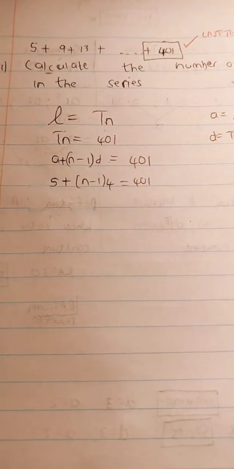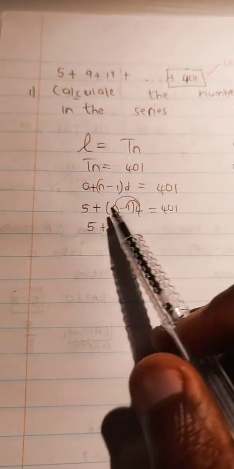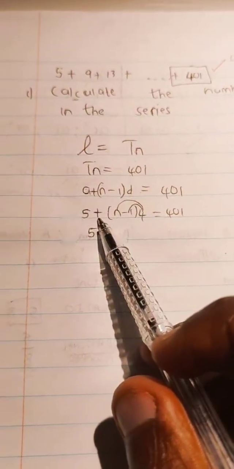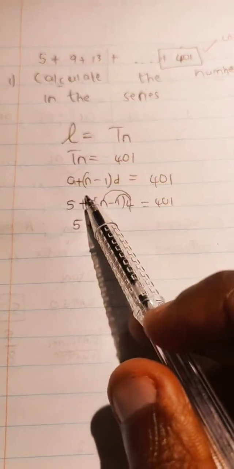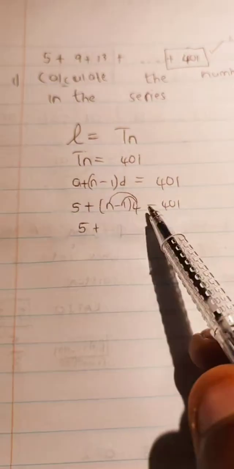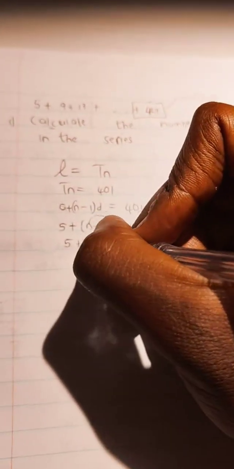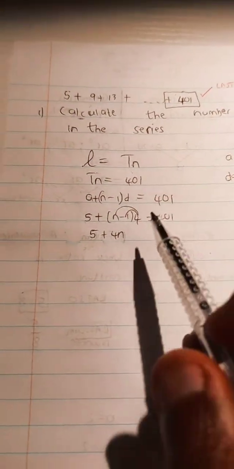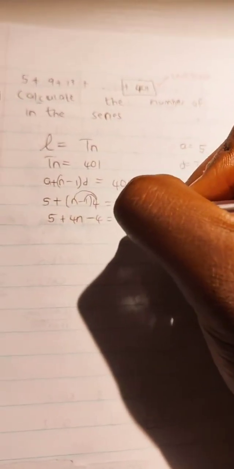Algebra becomes the way out. So of course we have 5, which is a separate term. 4 times n, 4 times negative 1. Remember, this 4 is positive, because there's that sign there that's positive. So 4 times n gives us 4n, and then 4 times negative 1 gives us negative 4, which is equal to 401.